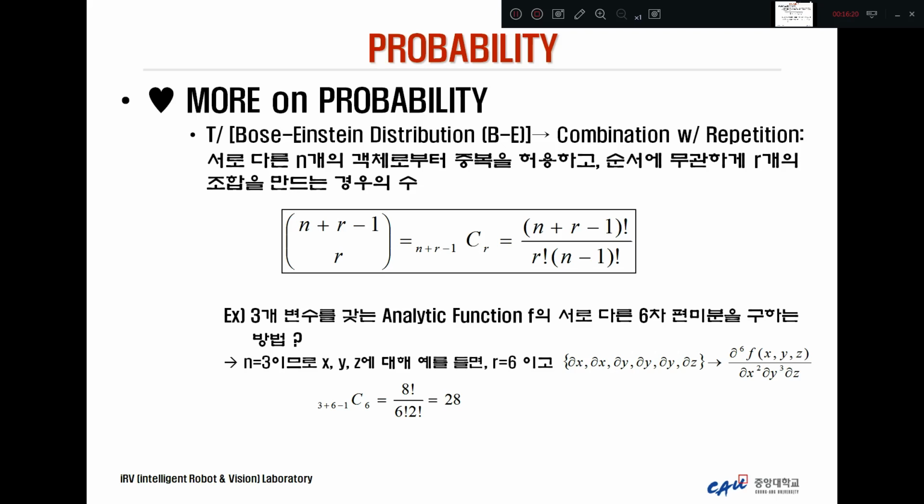So 5 of them have been discovered so far, and those bosons follow the rule of the Bose-Einstein distribution.